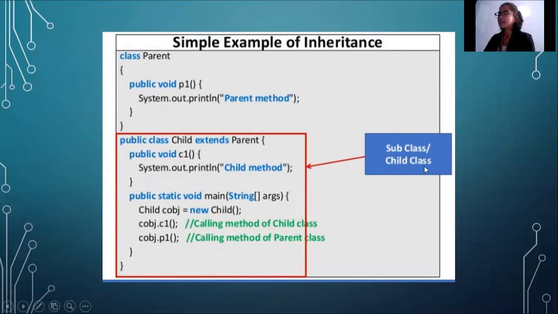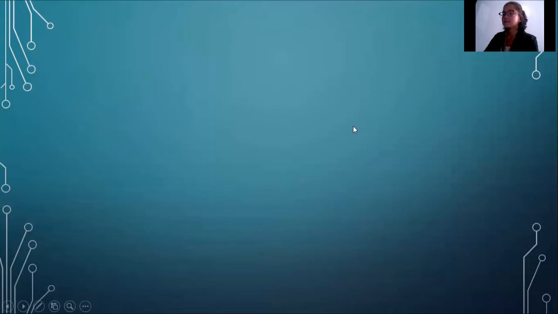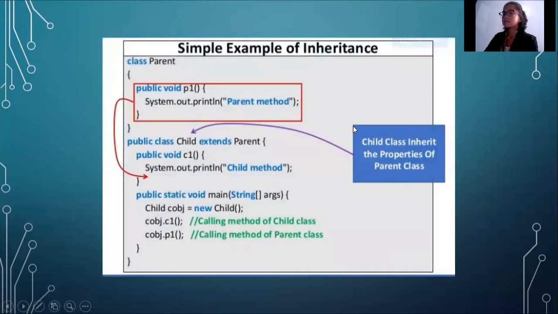Subclass, child class. In the second part, this is the child class that we're going to extend from the parent. Public class Child extends Parent, braces, public void C1, braces. The child class inherits the properties of the parent class.